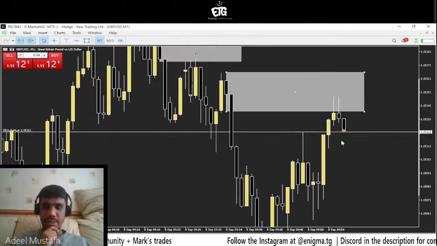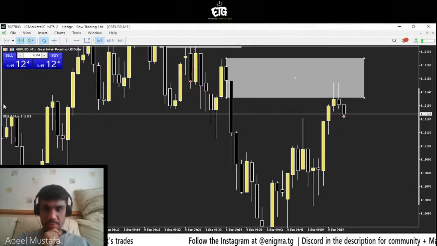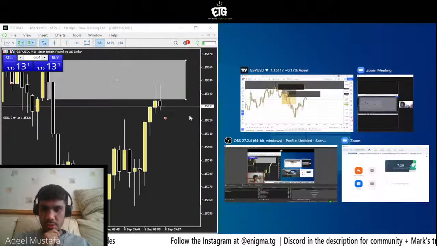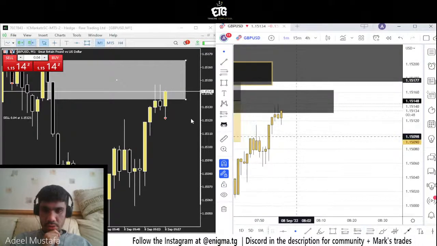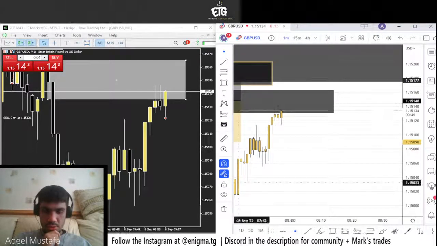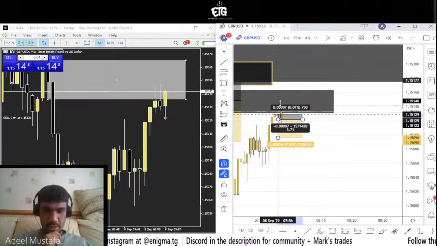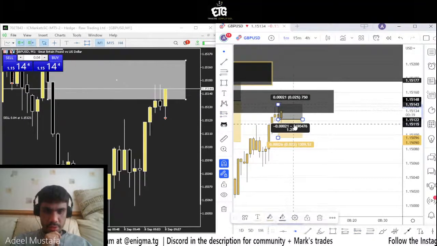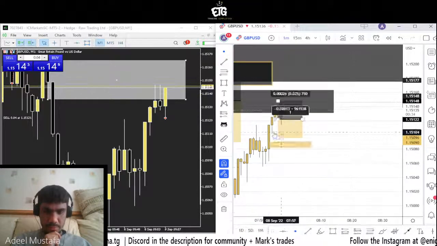Jeez, that was fast. Okay, we've sold 1.5121. Okay, let's get both on screen. Alright, sells there. Stop loss with the high. Not liking the momentum, but let's see.